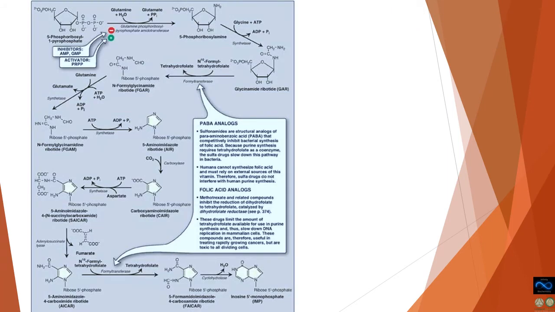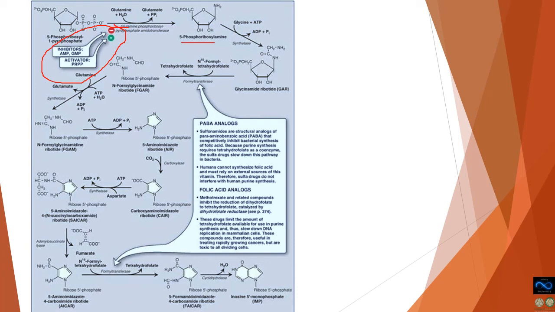In the current panel, you will see the number of different steps which we just went through in summary form, and there are certain kinds of inhibitors which can inhibit the rate limiting step of this whole IMP pathway, which is the first reaction of converting phosphoribosyl pyrophosphate into 5-phosphoribosyl amine.